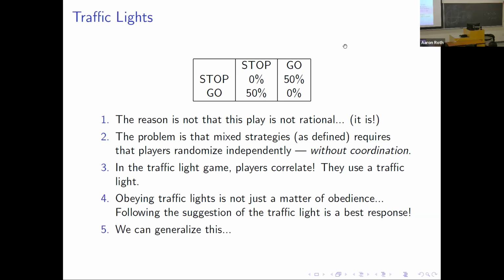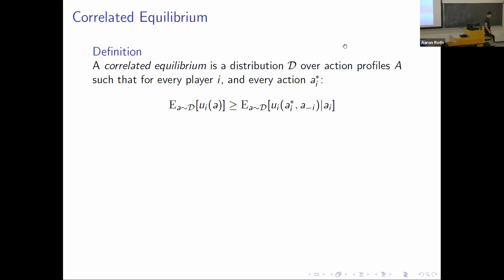Okay, so let's try to generalize this intuition that we get from traffic lights. Maybe before we go into parsing the definition, let's try to get some intuition.